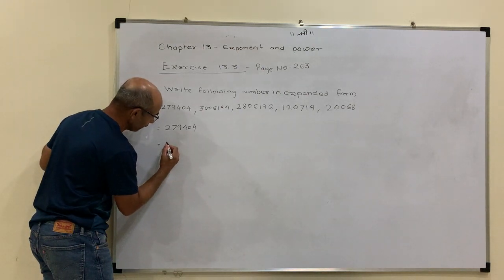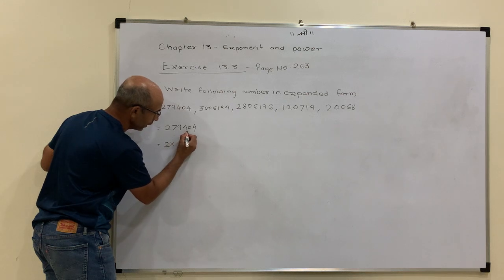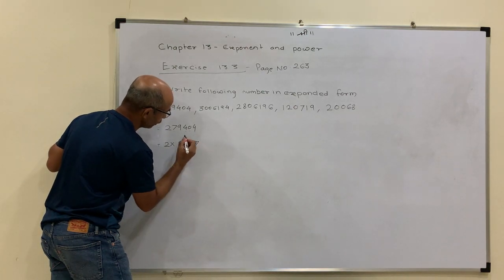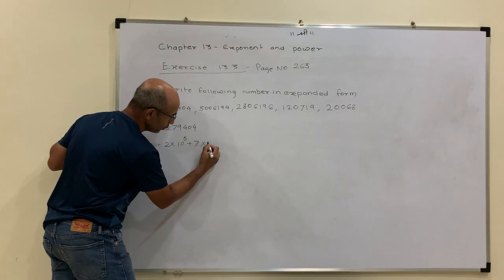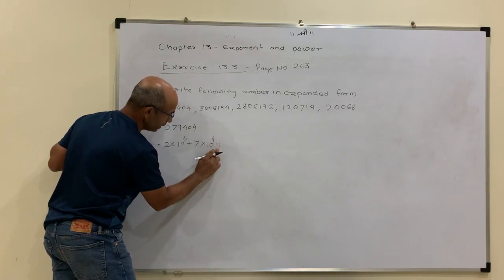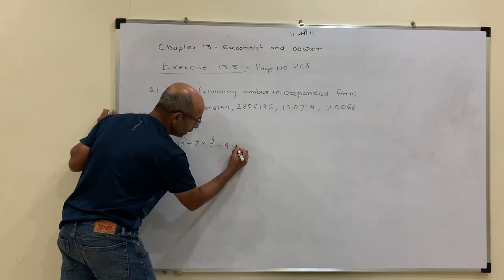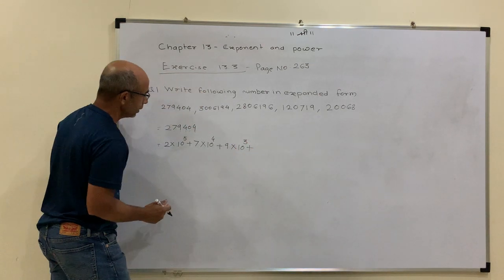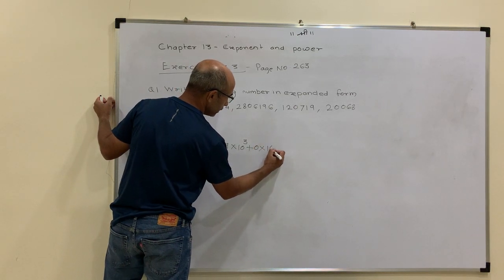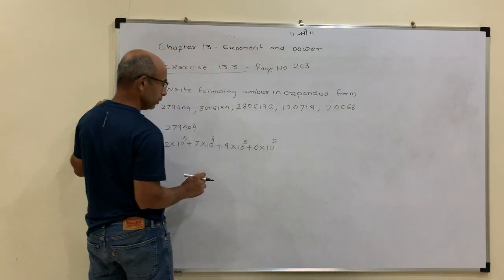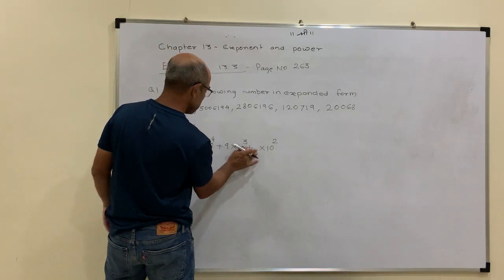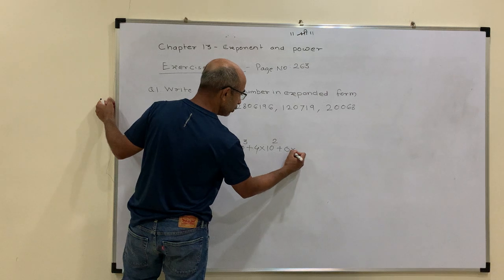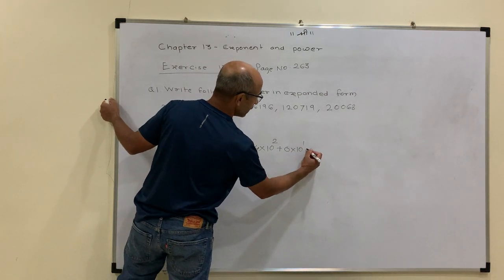So now my expanded form will be 2 into 10 raised to 5, plus 7 into 10 raised to 4, plus 9 into 10 raised to 3, plus 4 into 10 raised to 2, then plus 0 into 10 raised to 1, and then finally 4.